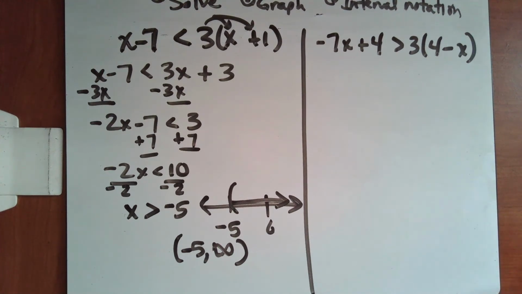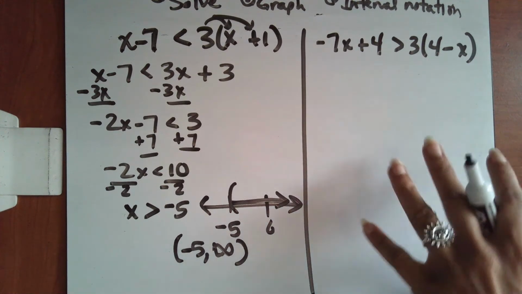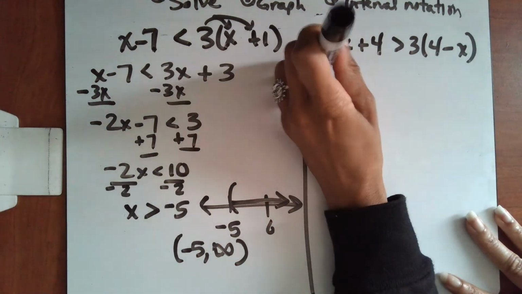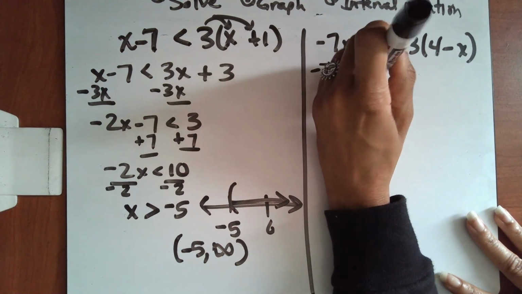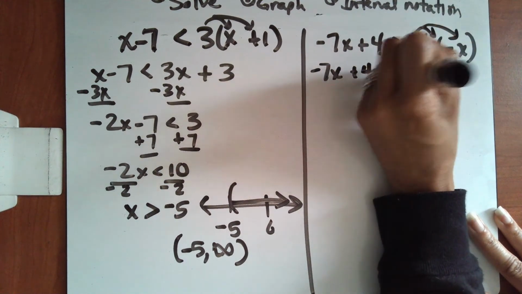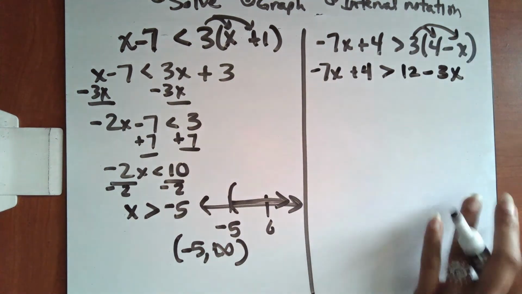Okay? All right. Next one. Again, if you didn't do the first one, stop it now and do the second one and see how you do. That would be helpful. And then I'm pausing and see if you got it right. All right. So let's see. Negative 7x plus 4 is greater than 12 minus 3x.